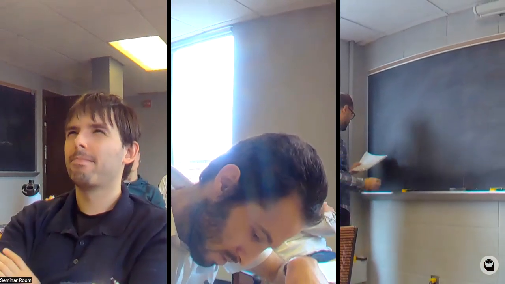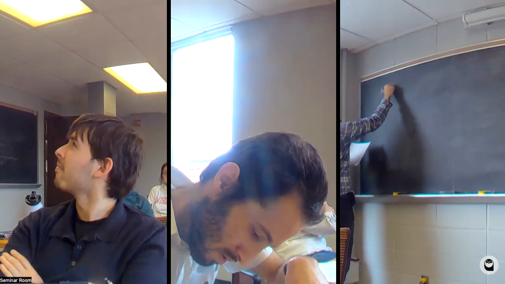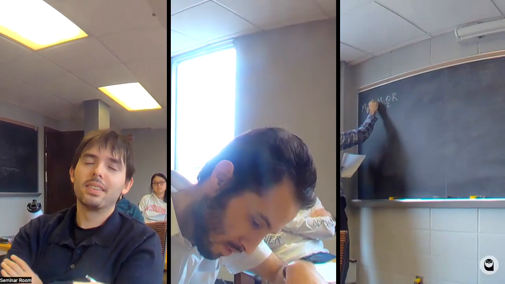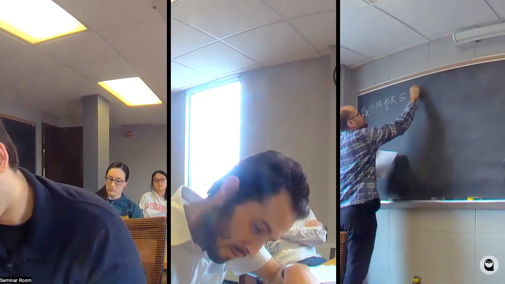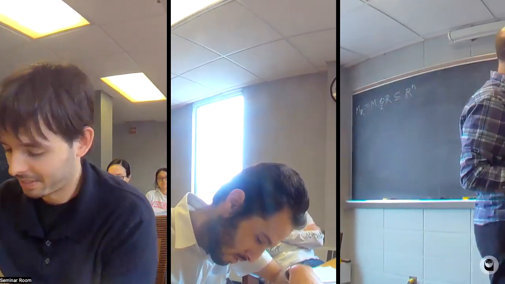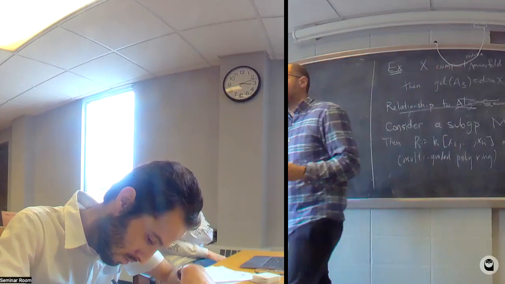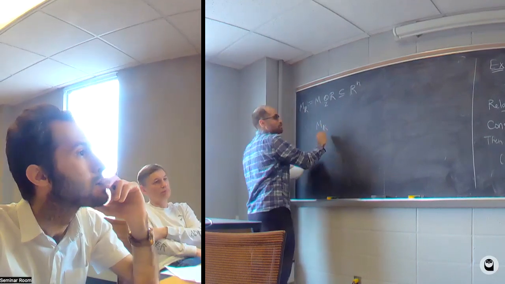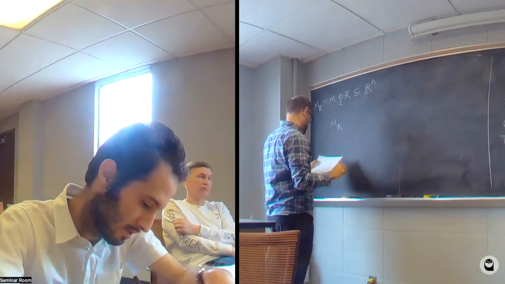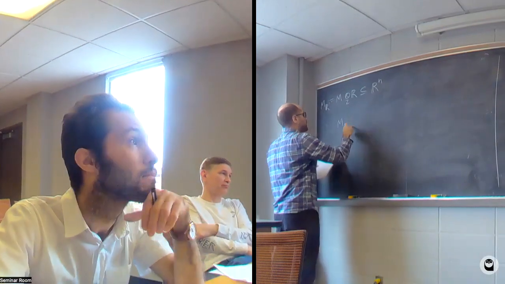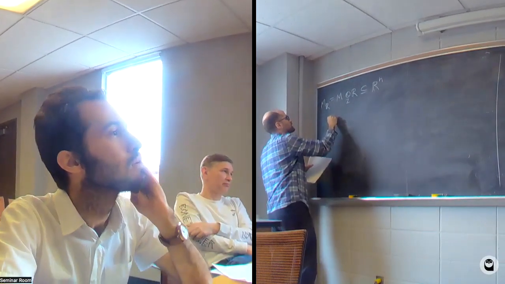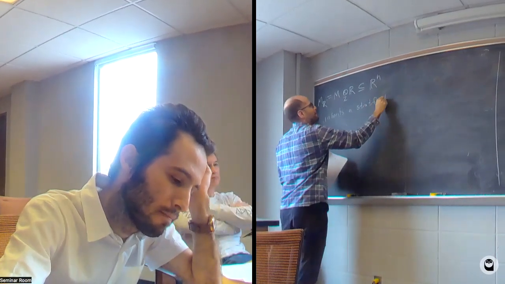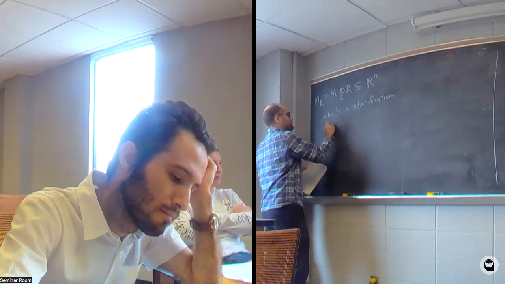Inside R^n, I have this vector space. This is a plane. M was a subgroup here, so I get a plane in R^n, and I can intersect it with this cube stratification. So this inherits a stratification from the cube stratification.